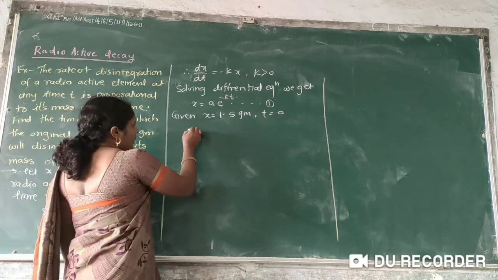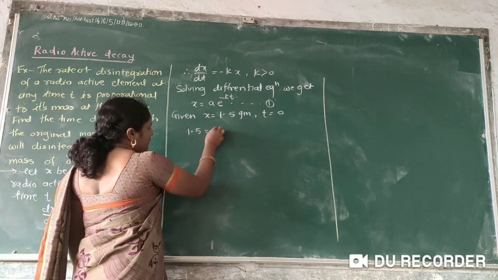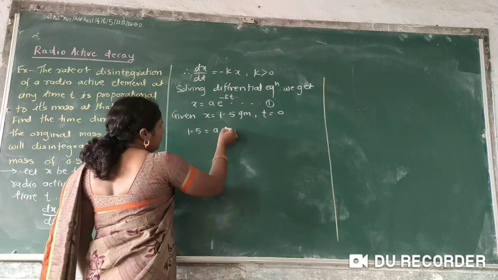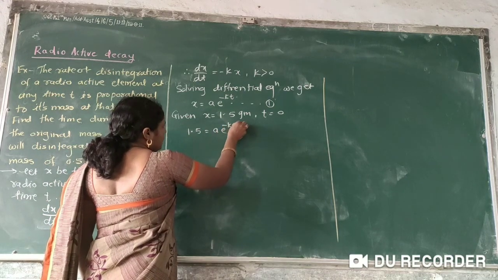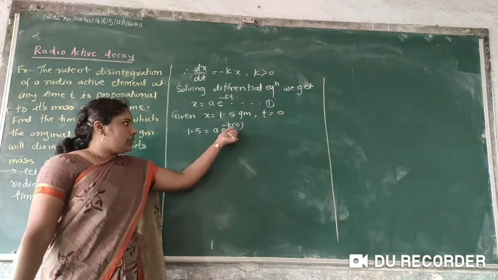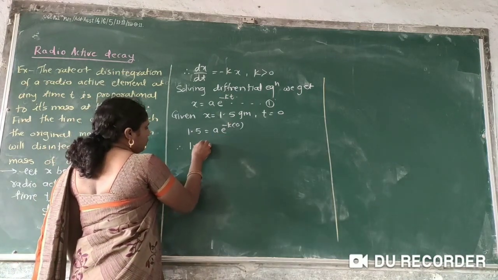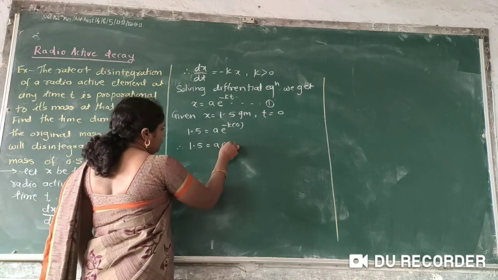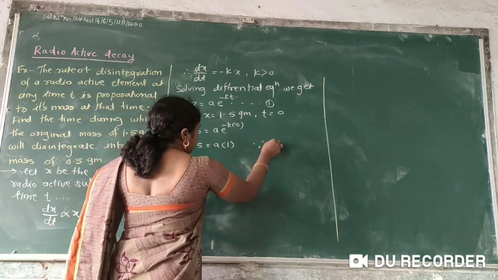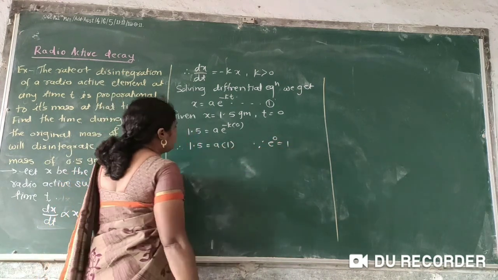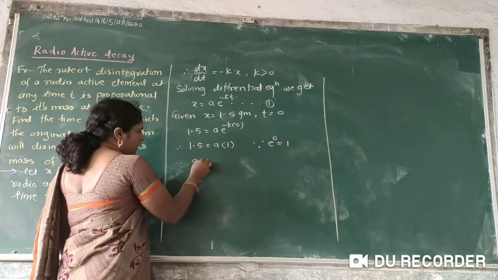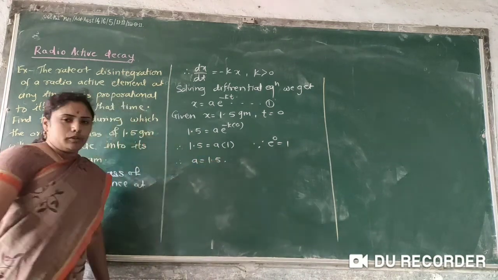We get 1.5 is equal to a into e raised to minus k into 0. Minus k into 0 is 0 and e raised to 0 is 1. Therefore, we get 1.5 is equal to a into 1, since e raised to 0 is equal to 1. Therefore, the value of a is equal to 1.5.